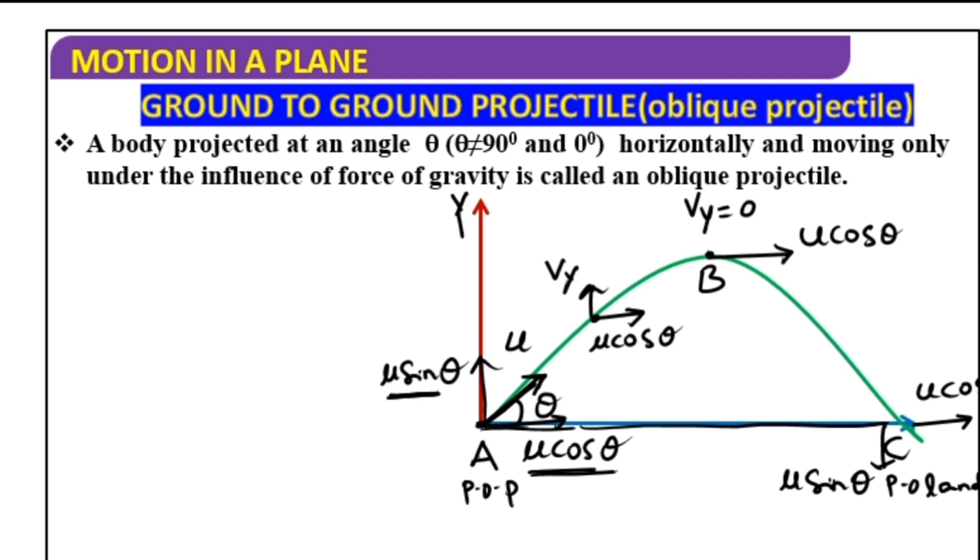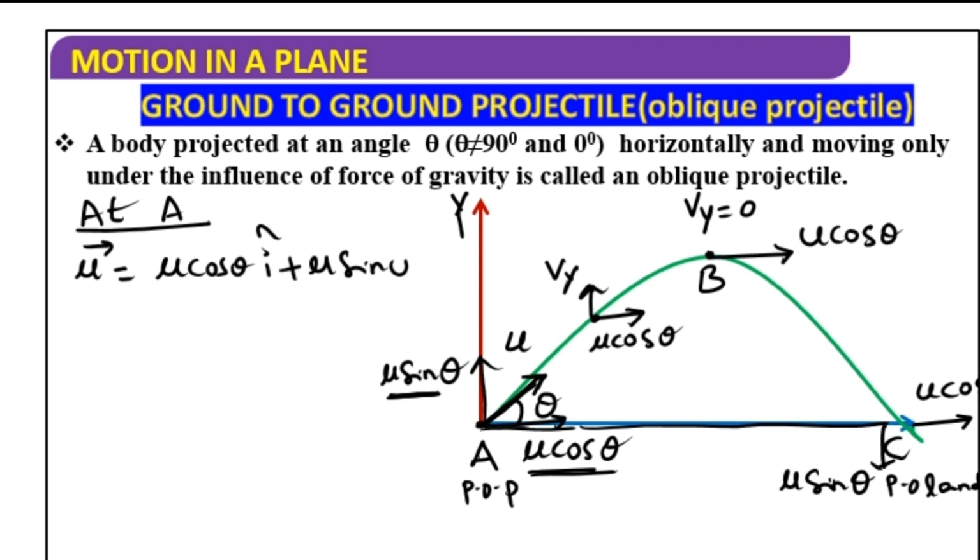Right, at point A, velocity is a vector, so write the velocity in vector form. The initial velocity u is equal to u cos theta i cap plus u sin theta j cap.